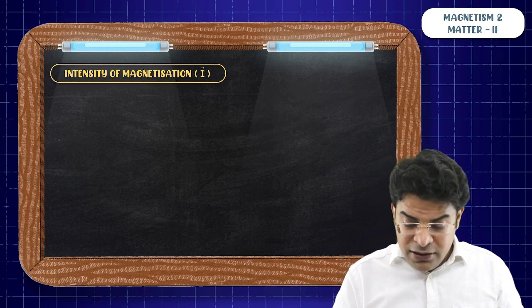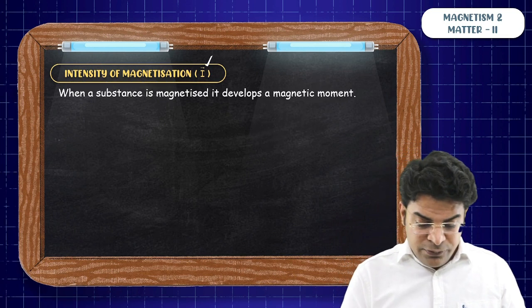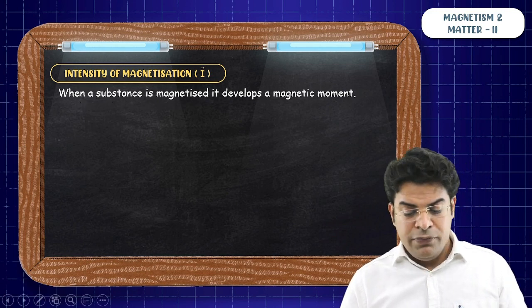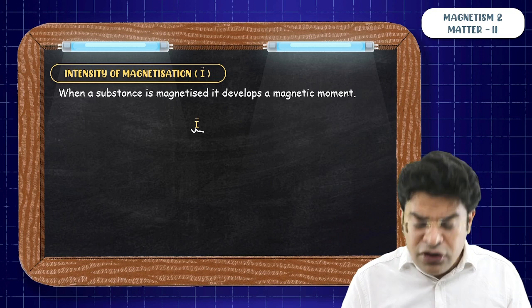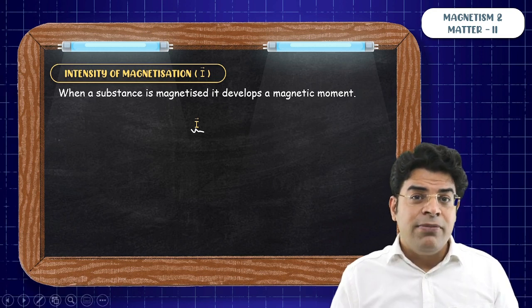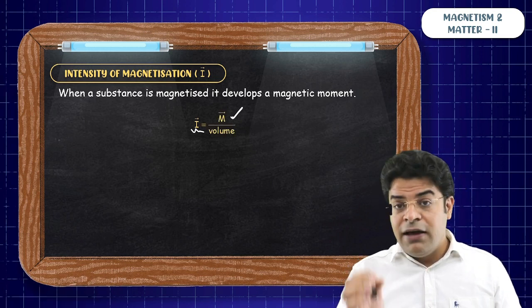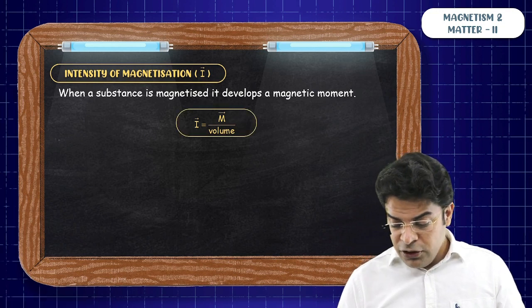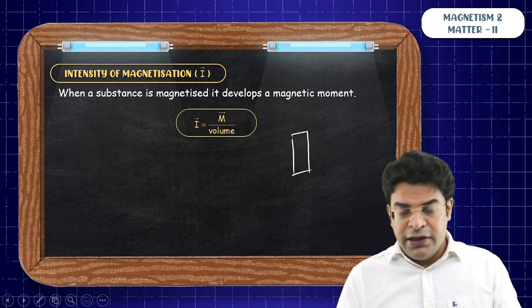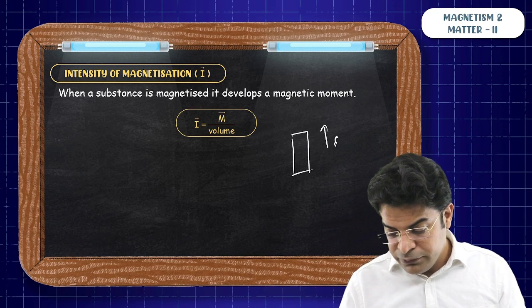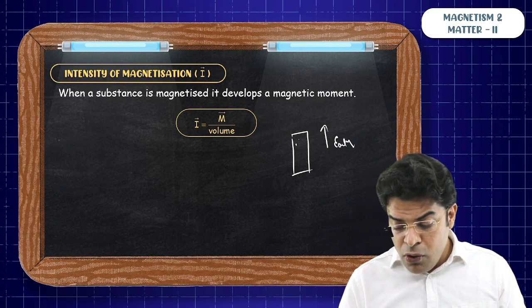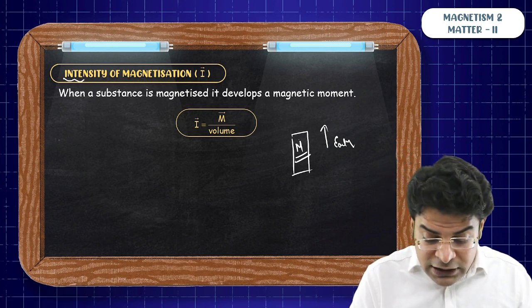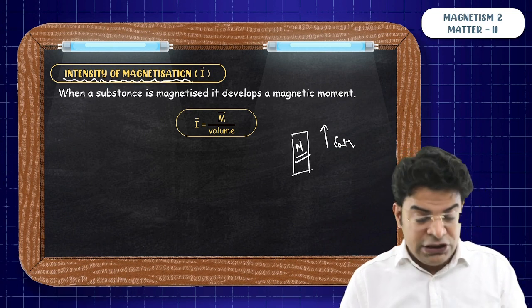We determine this quantity I as follows: when a substance is magnetized, it develops a magnetic moment. We say that the intensity of magnetization is nothing but the magnetic moment developed in the substance per unit volume. So if you place the iron after heating into Earth's magnetic field, the more magnetic moment it develops, the more is the intensity of magnetization.